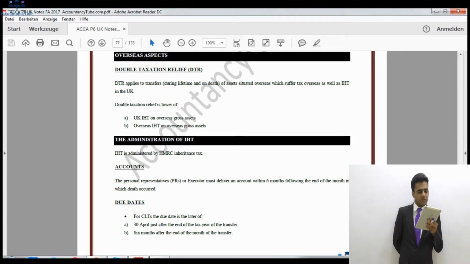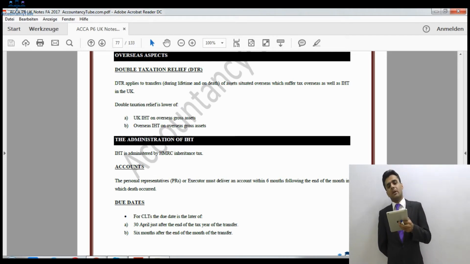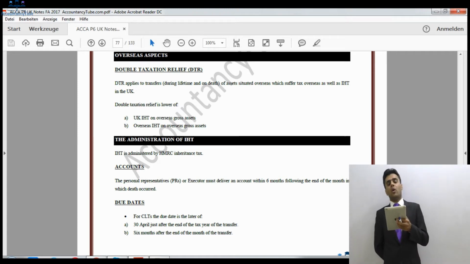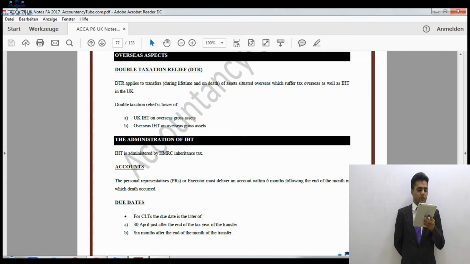We are talking about IHT. Double taxation relief is the lower of UK IHT on overseas gross assets and the overseas tax on the same assets. So the relief given will be the lower of these two: the tax we have paid overseas on the same assets, and the tax we will pay in the UK on the same assets.